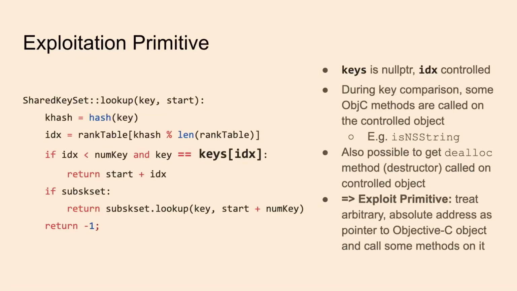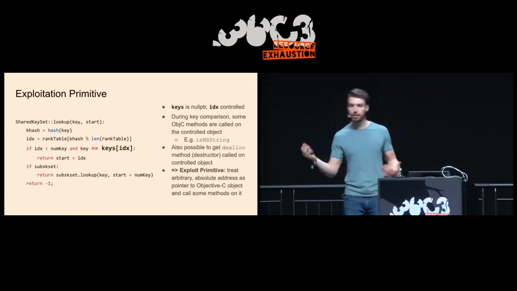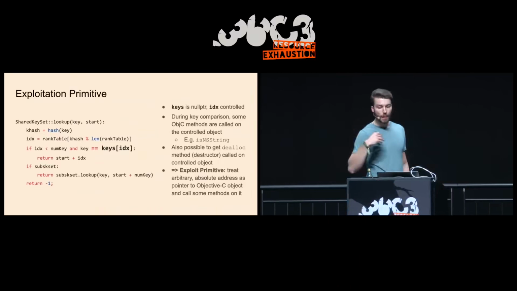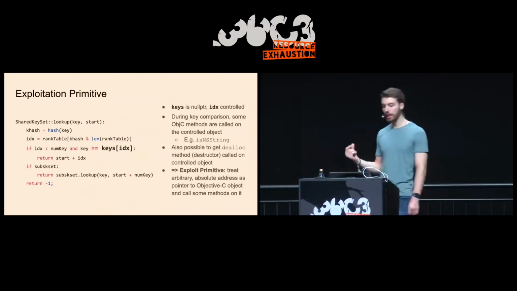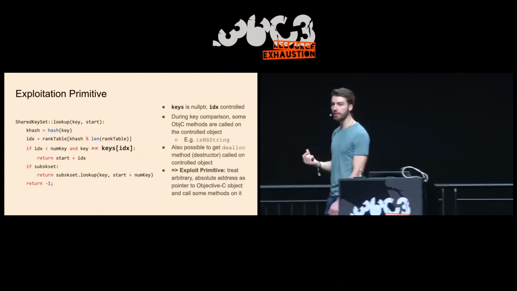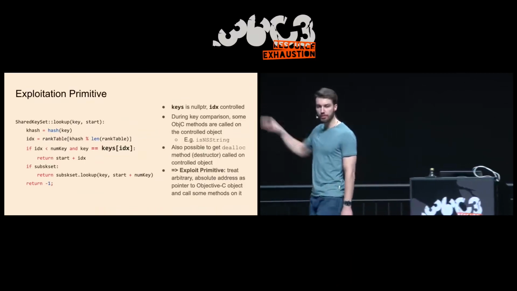Let's take a look again at the lookup function which we saw before. So here, where it's bold, this is where we crash. Keys is a null pointer, index is fully controlled, so we can access null pointer plus offset. And then what happens is the result of this memory access is going to be used as some Objective-C object. So this is all Objective-C in reality.